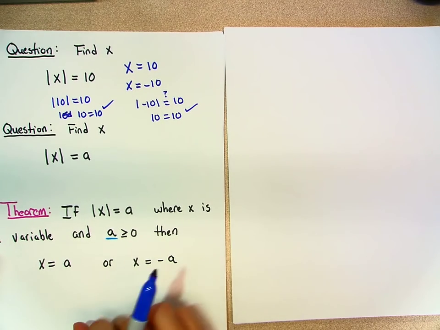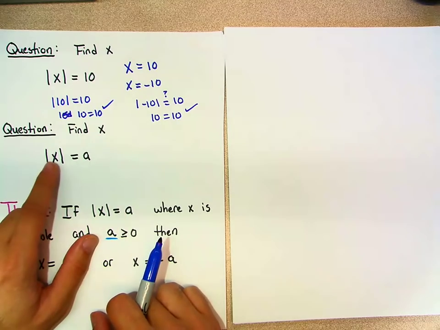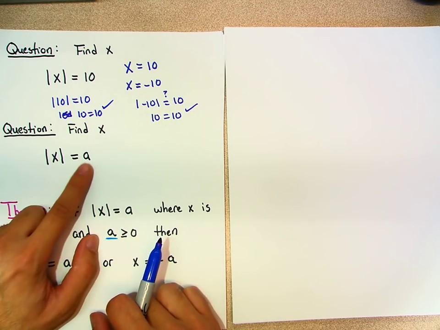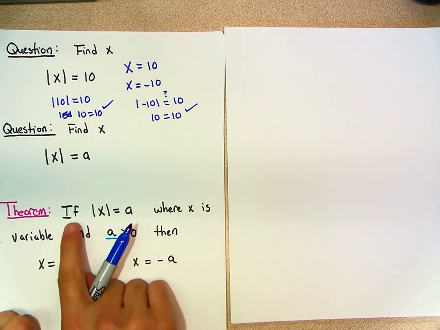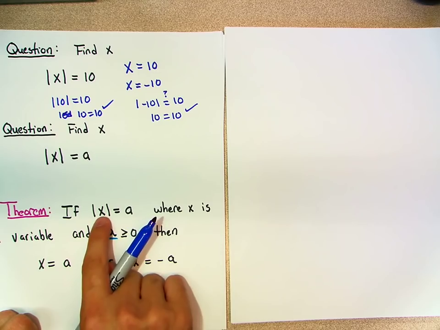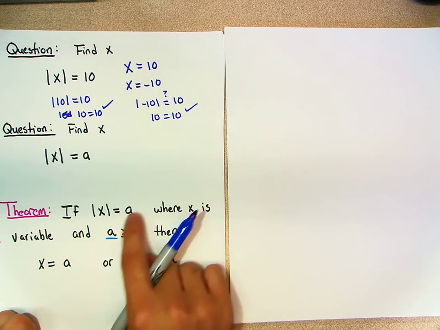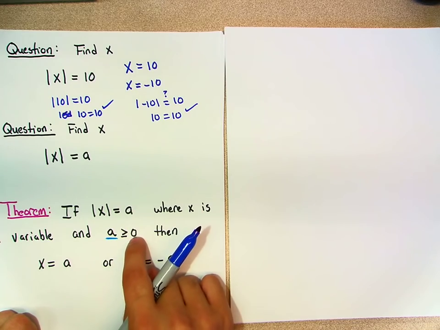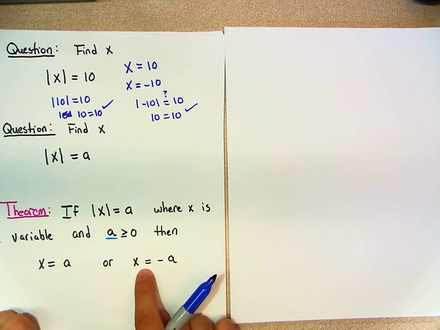Okay? But what if I wanted to find x where the absolute value of x is equal to some number? This is where we have a theorem. It basically says that if you have absolute value of x is equal to a, where x is a variable, and this a has to be greater than or equal to 0, then x is equal to a, or x is equal to -a, okay?